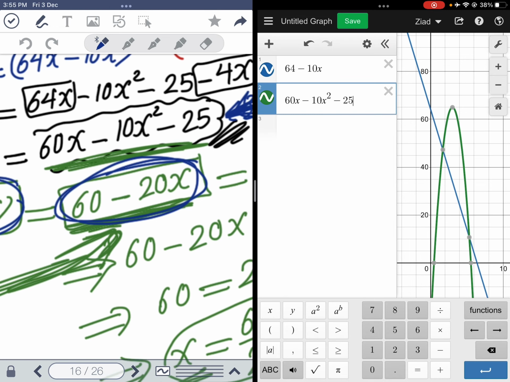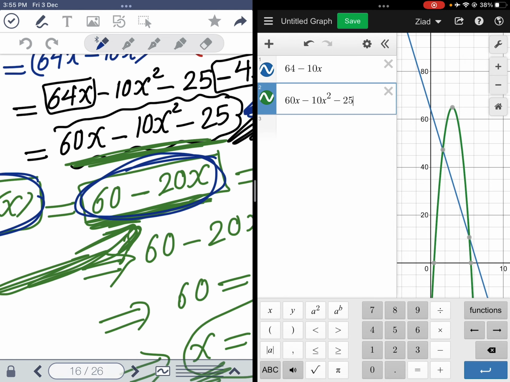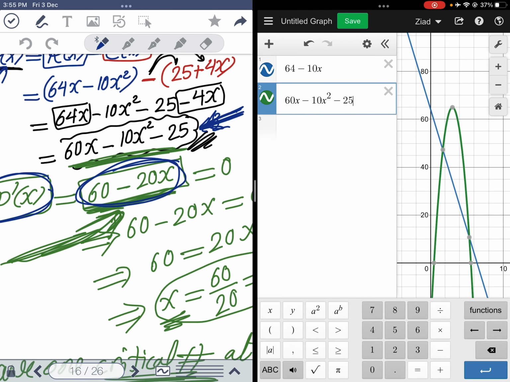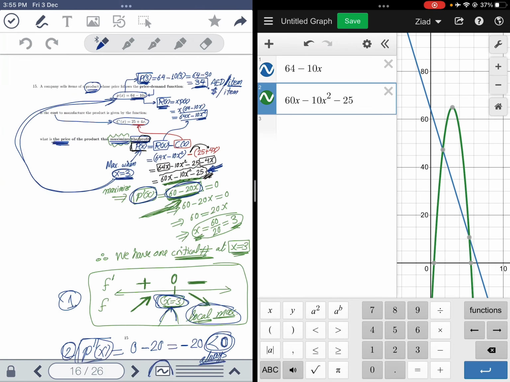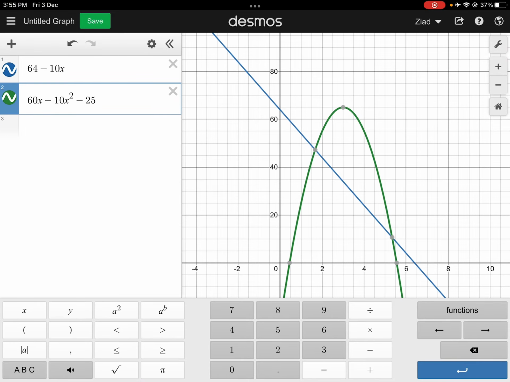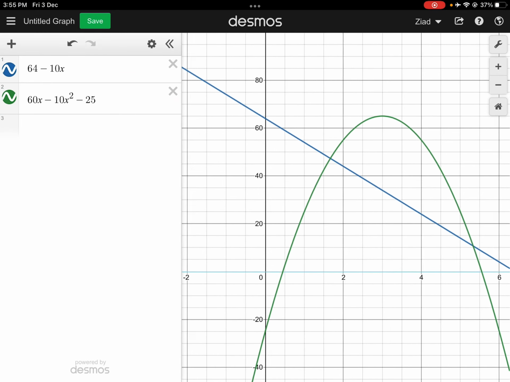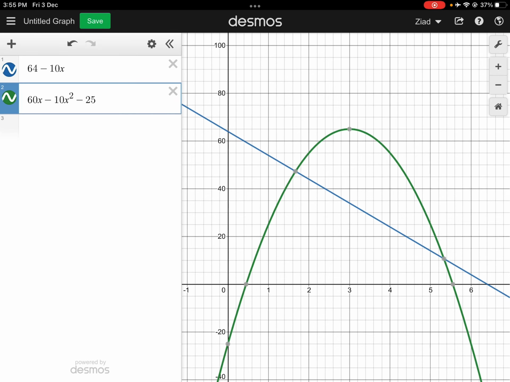So is it the same? Let's check. 60x minus 10x squared minus 25. Perfect. Yes. And so let's see now if our answer makes sense or not. They asked us to find the x that will make the profit maximum. The profit function is the green. Yeah. And look, 3 is the x that makes the profit maximum.